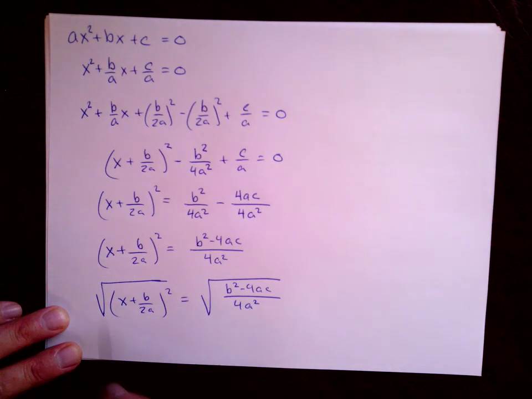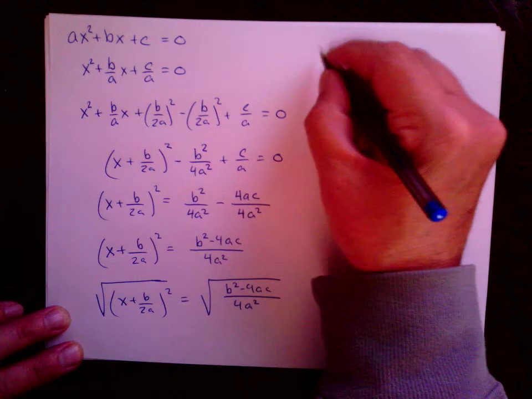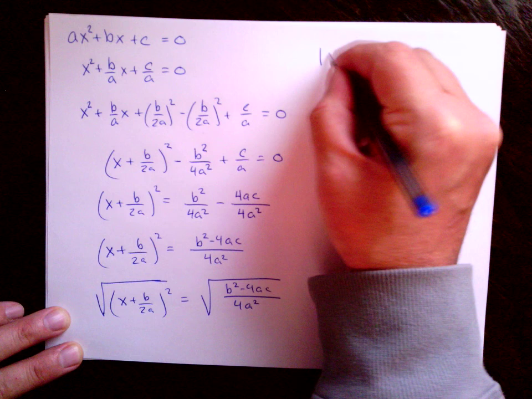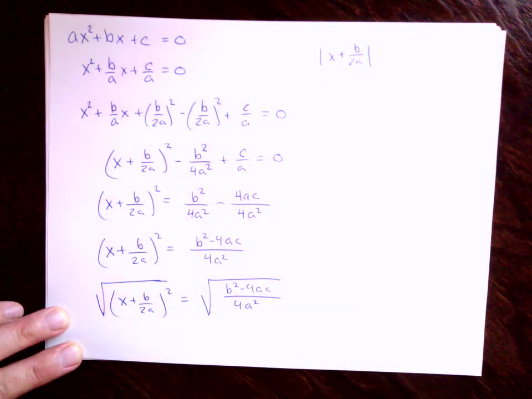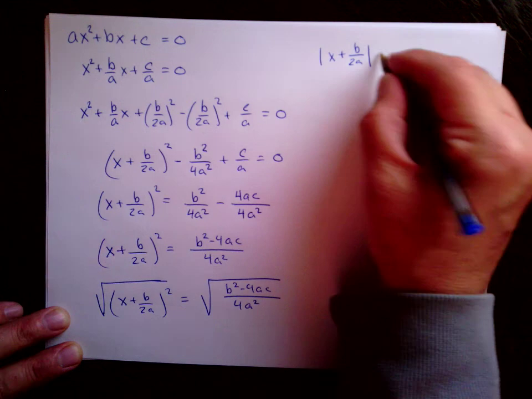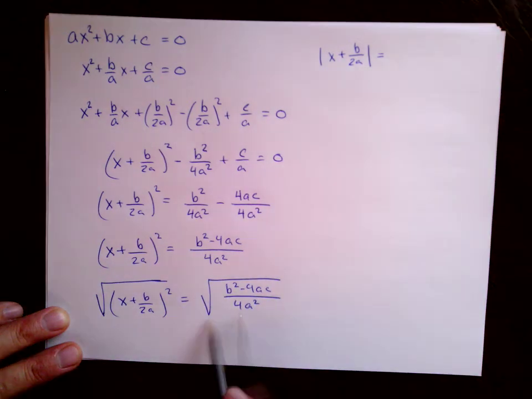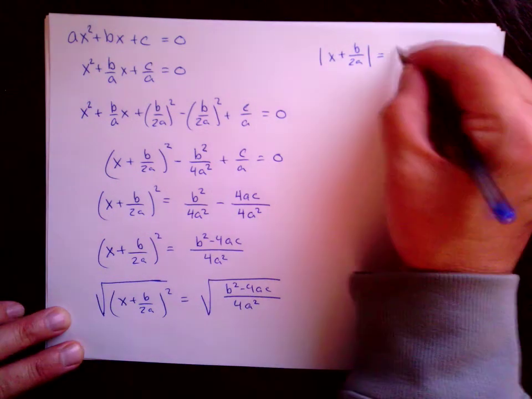Now, the square root of something squared is the absolute value of that something. So the left-hand side becomes the absolute value of x plus b over 2a. And the right-hand side, I'm going to write a little bit differently. Instead of the square root of a fraction, I'm going to write it as the square root of the numerator over the square root of the denominator.